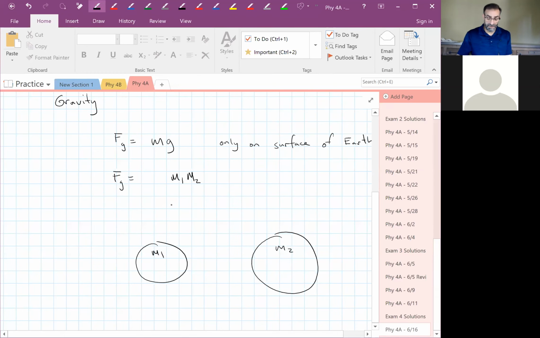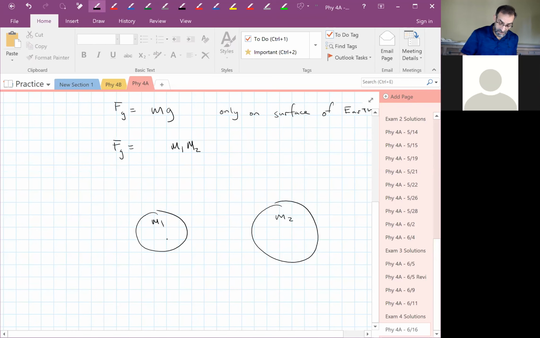And it would be affected by the distance between them. As they move farther apart, the force gets weaker and weaker and weaker. It's an inverse relationship, and it's an inverse square. It goes as 1 over r squared.